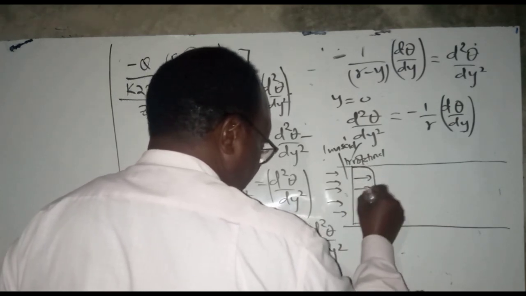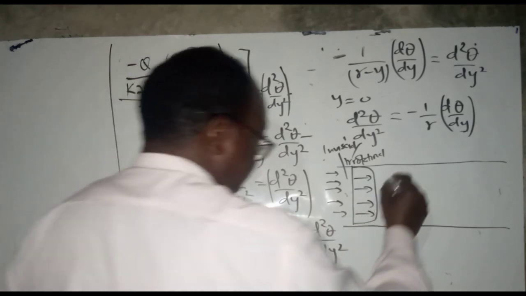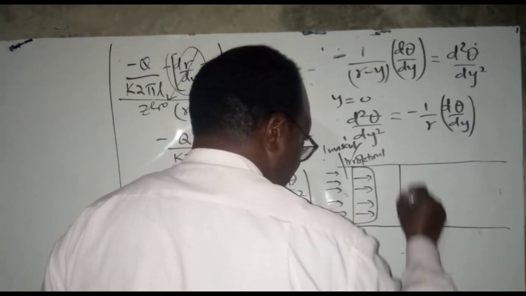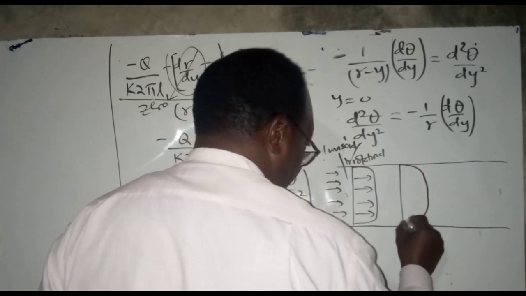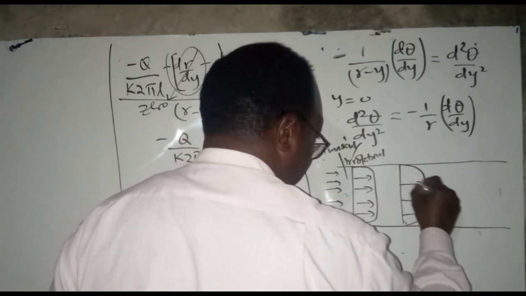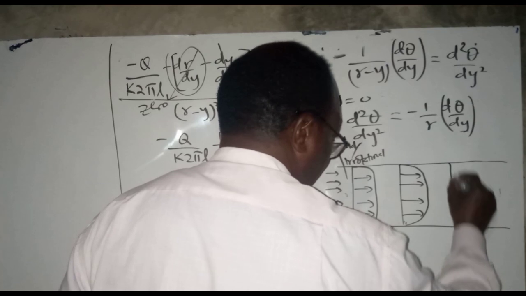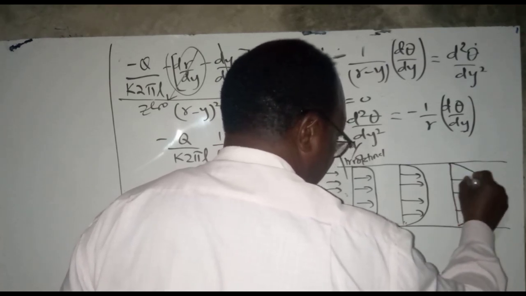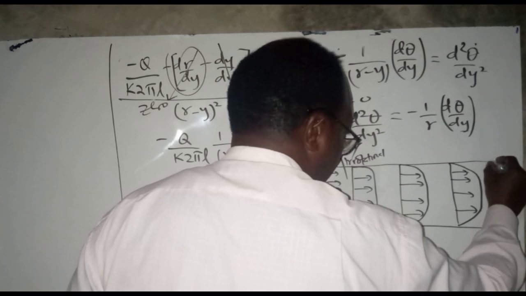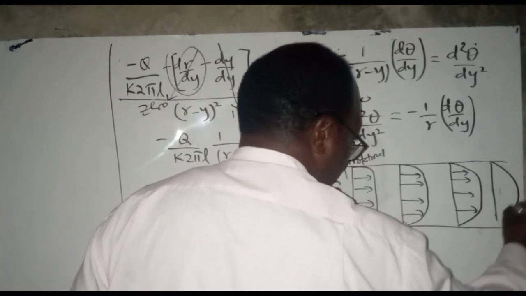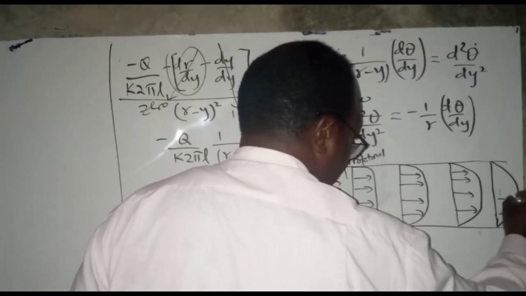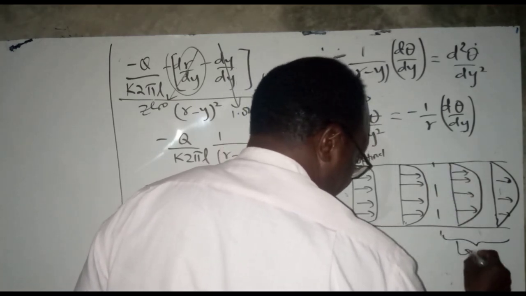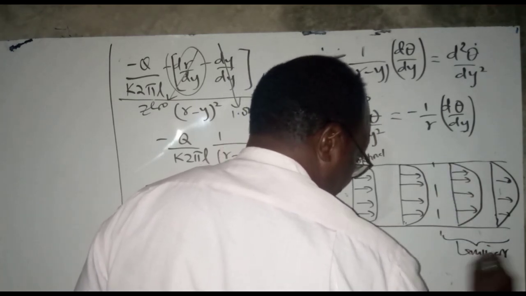Then, of course, we are developing the boundaries. We are developing the velocity boundary layer. As we progressively move on, let us say that this is the region where the laminar flow is fully developed.